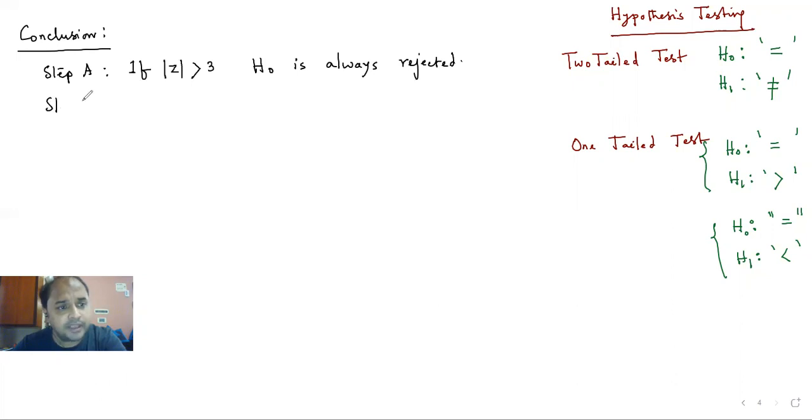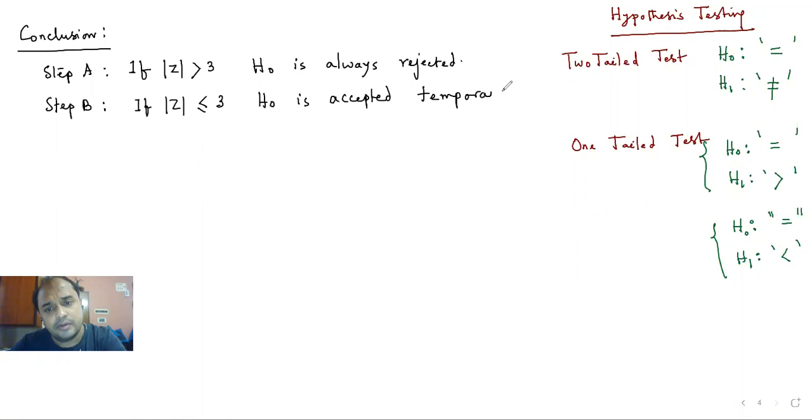Step B: if mod Z is less than or equal to 3, H naught is accepted temporarily and a suitable level of significance is chosen.